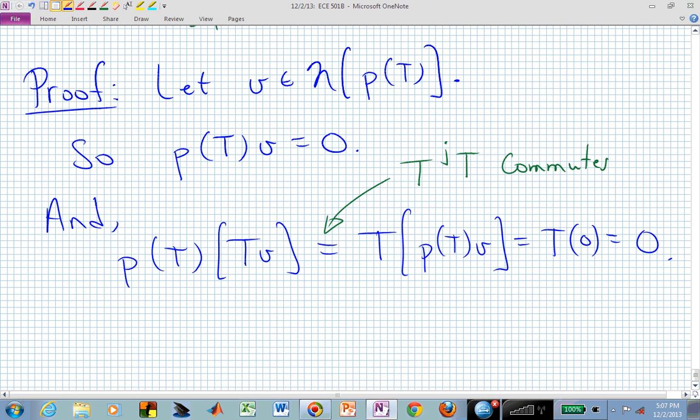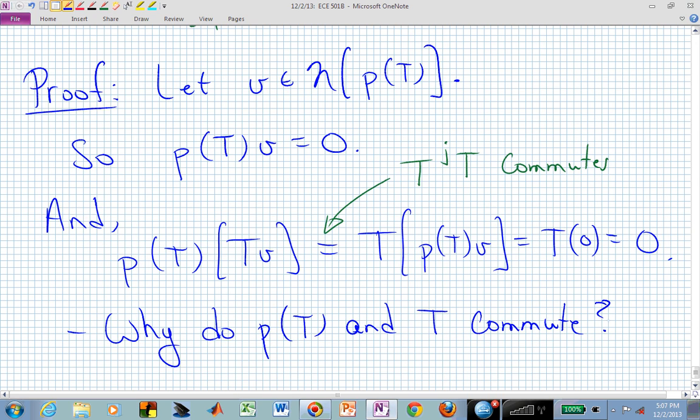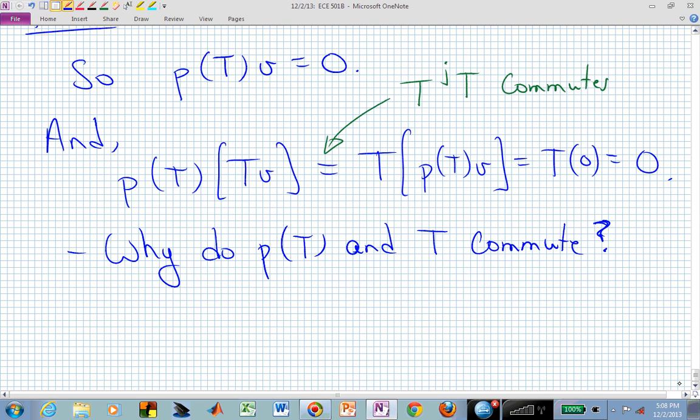So why do P of T and T commute? All we really need to do is go back and just build up a polynomial, P of z, and plug in T, and you'll see that that's just T raised to different powers.